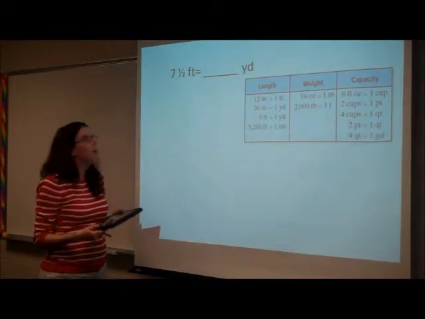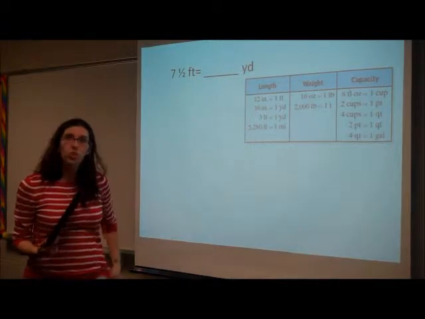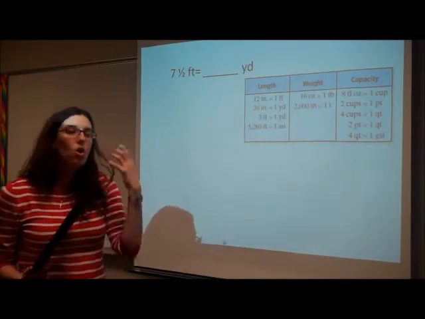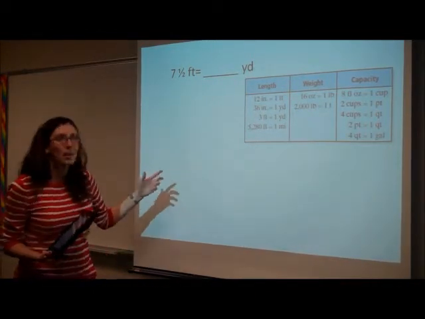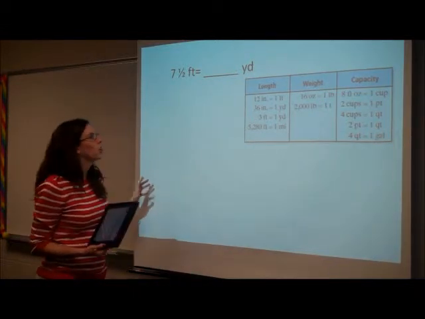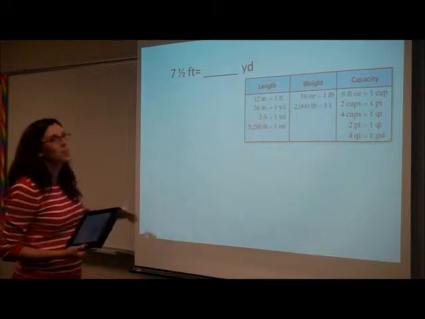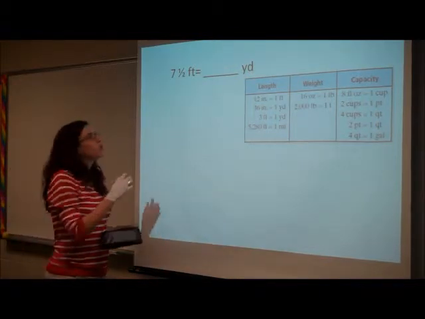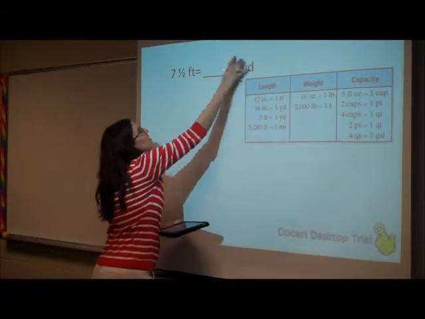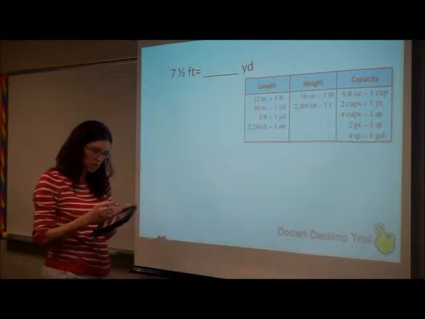Now, I want you to try this one on your own. You can either use proportions or you can use multiplying it by an equivalent ratio or equivalent fraction. I'll show you both in just a second. All right, let's look at a proportion first. So remember, we want to make this our first rate.